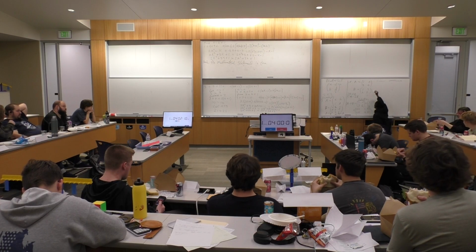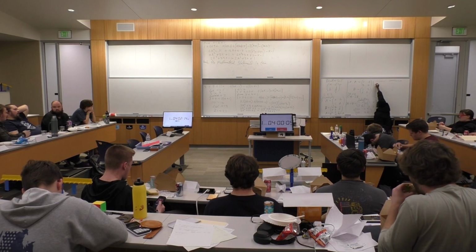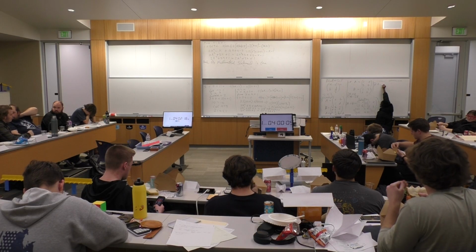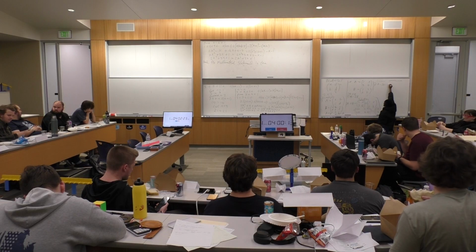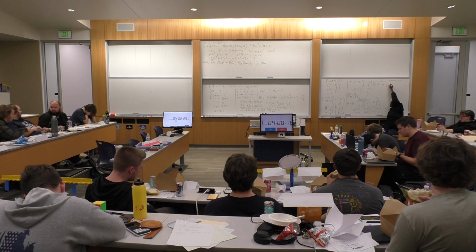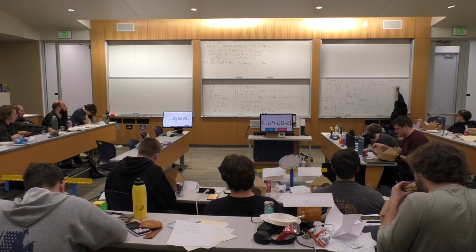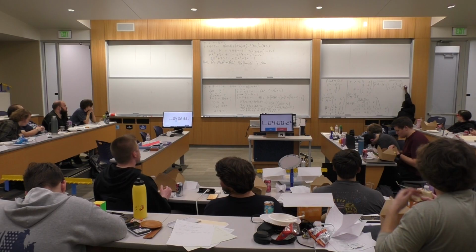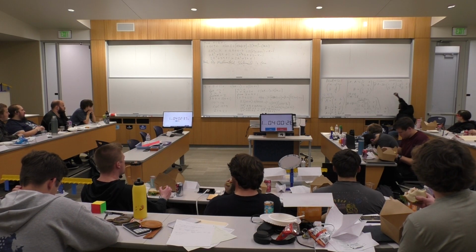So for the B part, which is (ii), A minus 2B implies matrix A, 1, 3, 2, 4 minus 2 times matrix 1, 2, 2, 3.